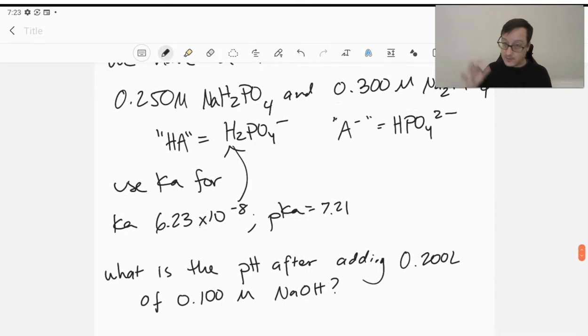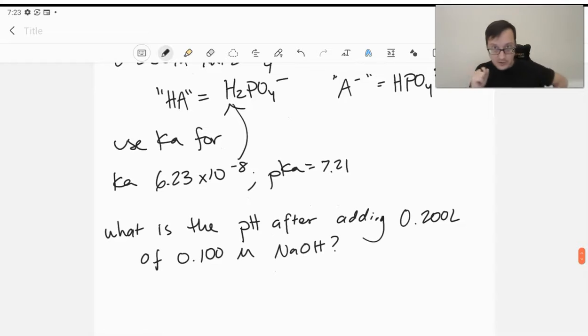So, with those things in mind, here's the question now. What is the pH after adding 0.2 liters of 0.1 molar NaOH? Now we have volumes to worry about, and we want to think about moles.